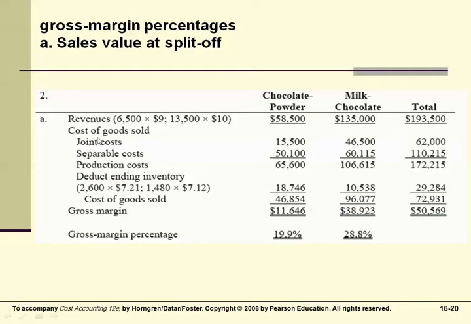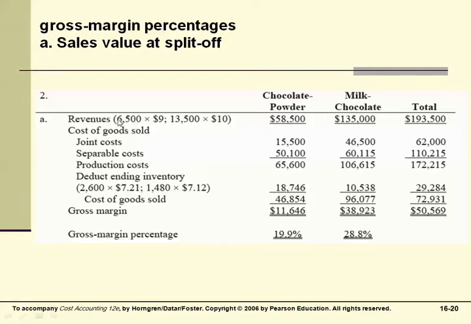To reach gross margin percentage, we start with revenues. But here, revenues must be calculated based on the number of actual sales, not the number of produced units.